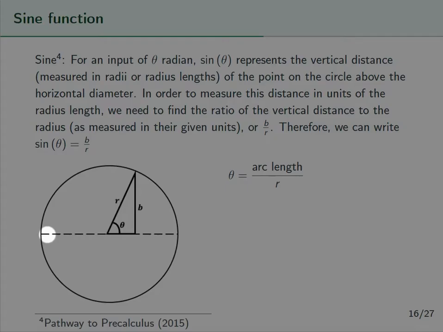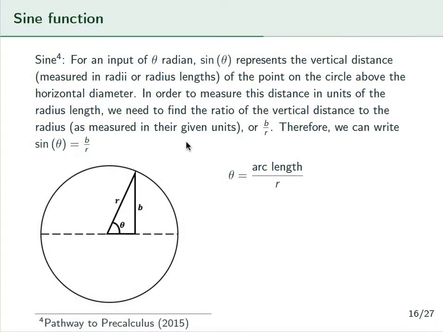When I say horizontal diameter, in a circle, there's a horizontal diameter right here, right? In order to measure this distance in units of radius length, we need to find the ratio of vertical distance to the radius, or if I use this diagram, b over r. Therefore, we can write sine theta equals b over r.